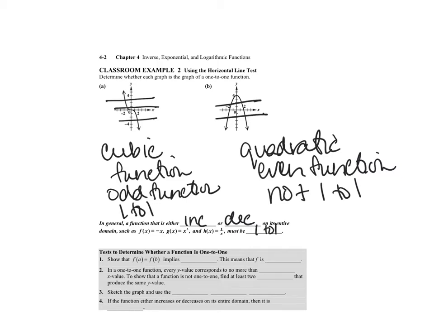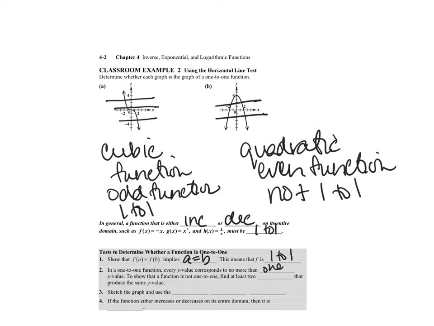So, tests to determine whether a function is one-to-one. If f of a equals f of b implies a equals b, that means that f is one-to-one. In a one-to-one function, every y value corresponds to no more than one x value.